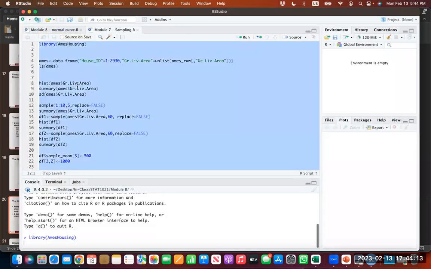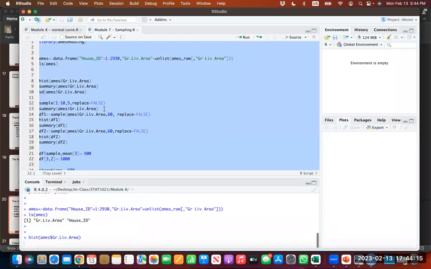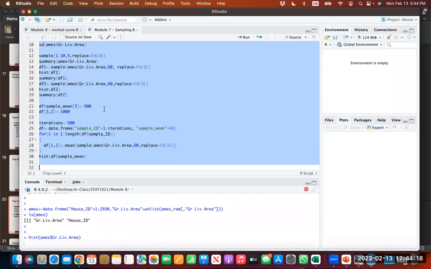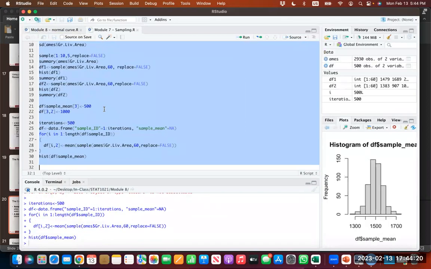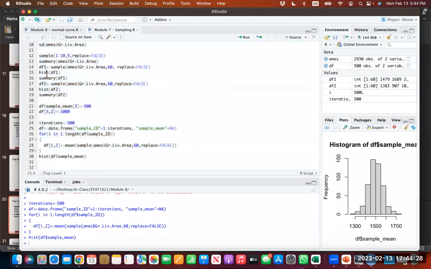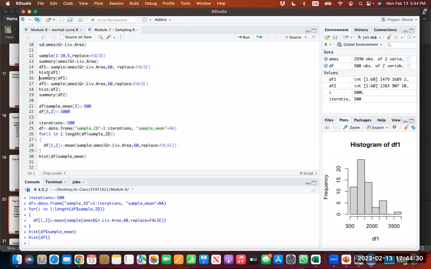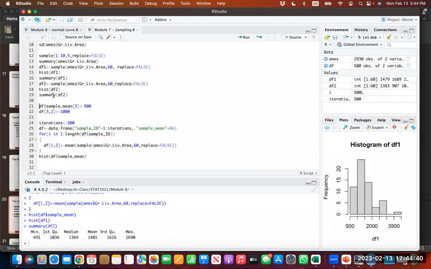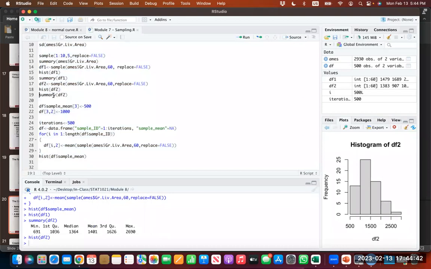And this basically got us to the point where we saw that if you draw a random sample, these samples will differ between each other. So if you remember, we looked here into our histogram. That's the distribution of the greater living area from the first randomly drawn sample. This here is the second sample. And so we had different samples that were randomly drawn of the size of 60.